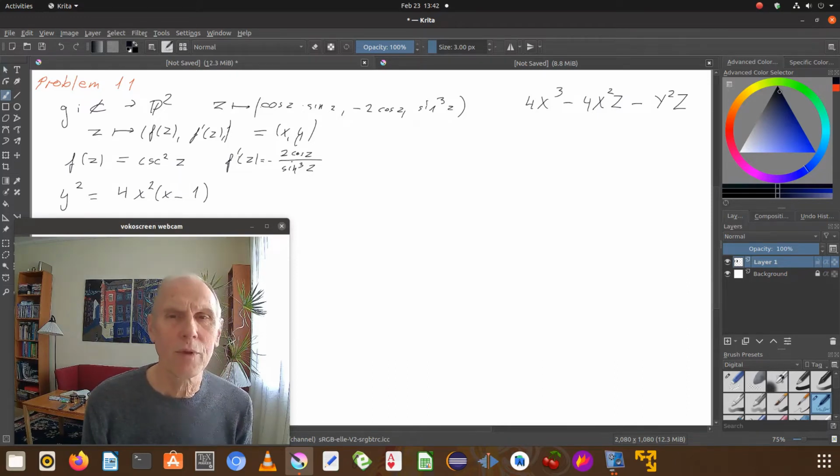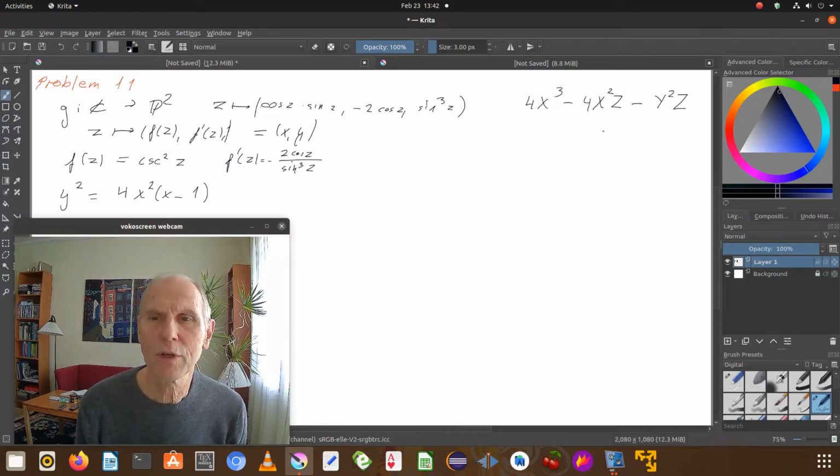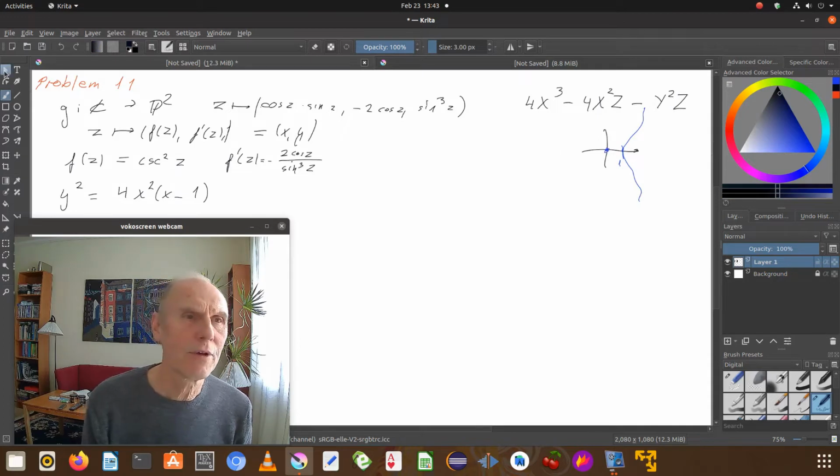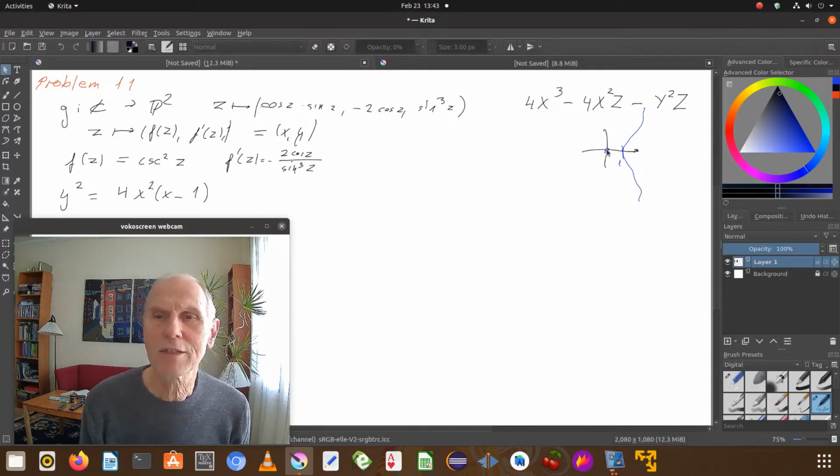Now, the first thing is when we plot the real part of the curve, we get naught, and then at unity we have the two branches going up here. So this really looks like a singular point.